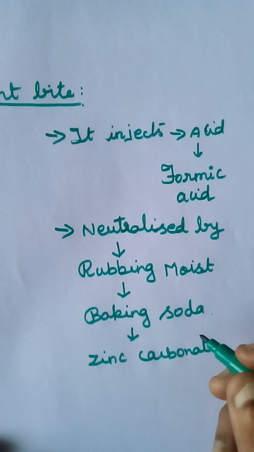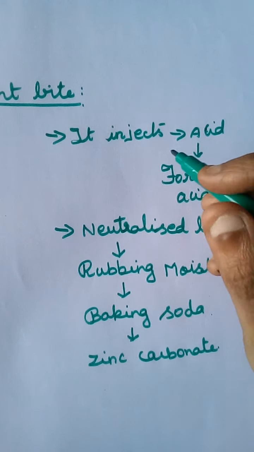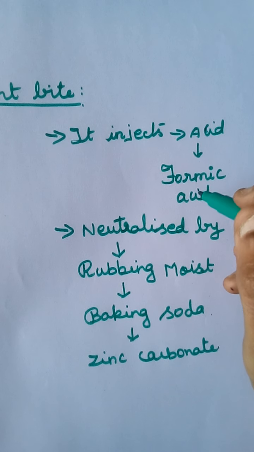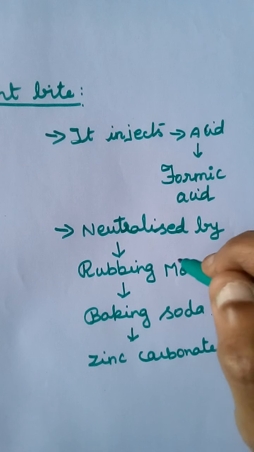It neutralizes the ant bite. So when an ant bites, it injects formic acid into the skin, and it is neutralized by rubbing moist baking soda.